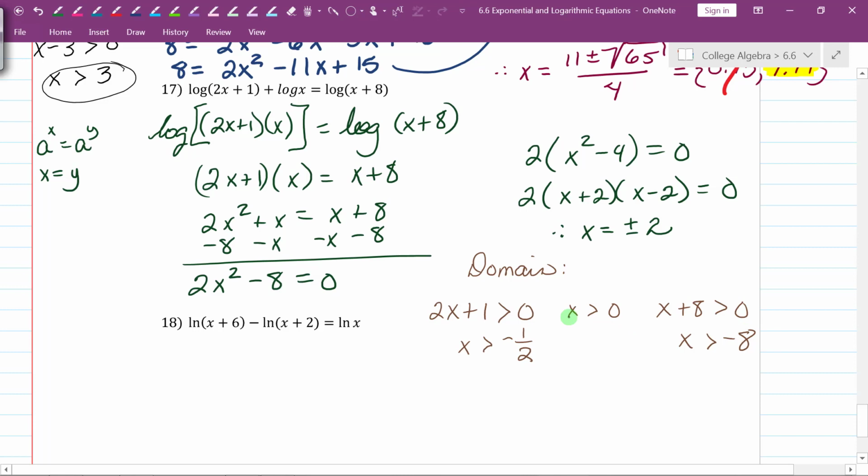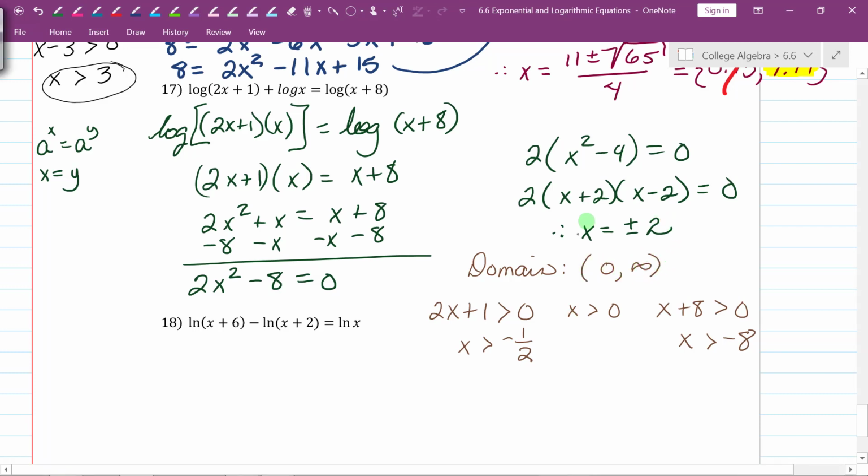I have to look at where all three of them are in common, and that's going to be at x is greater than 0. So my domain is 0 to positive infinity.